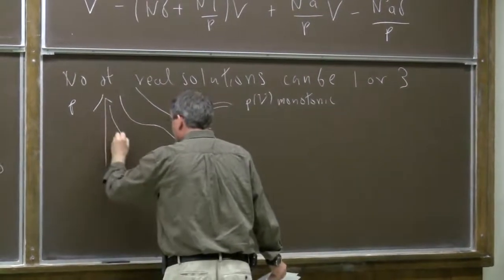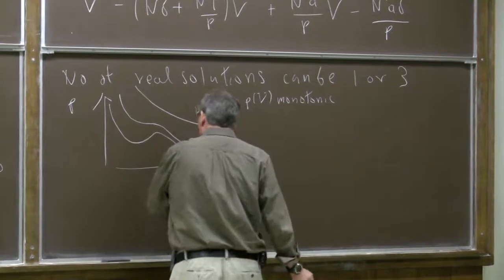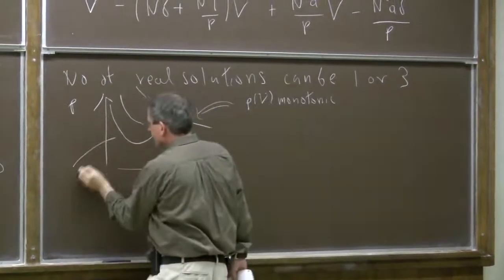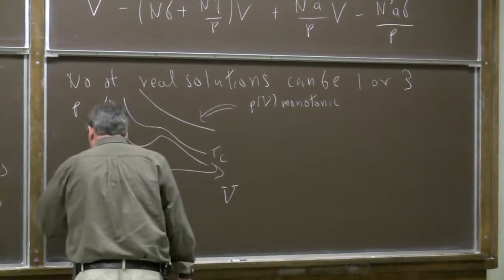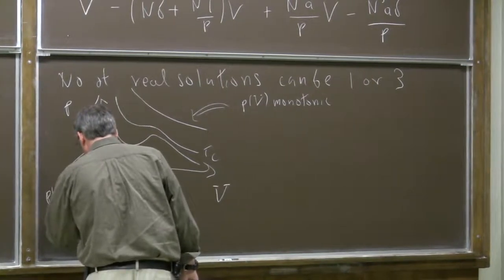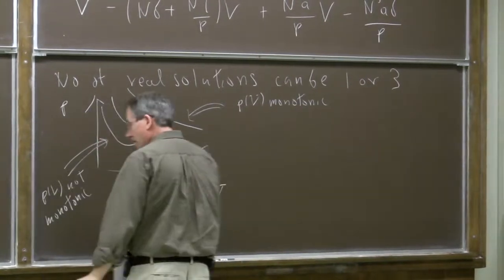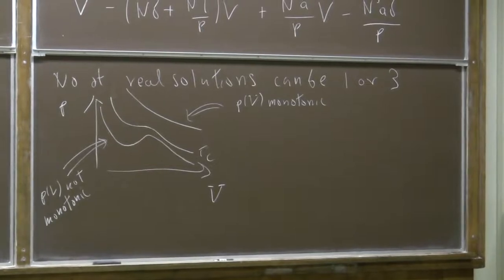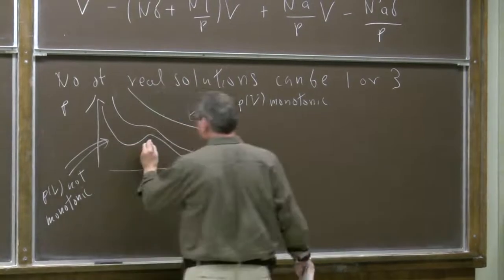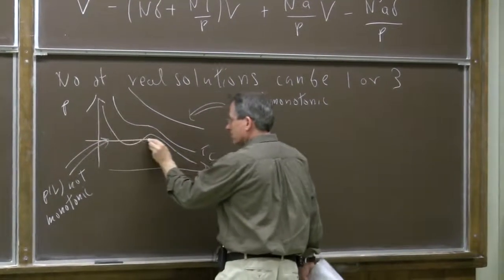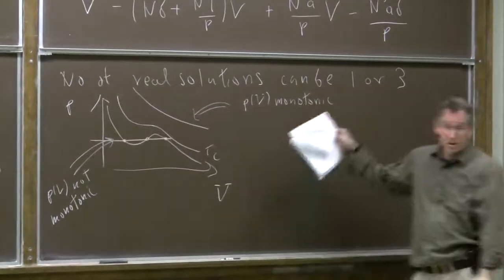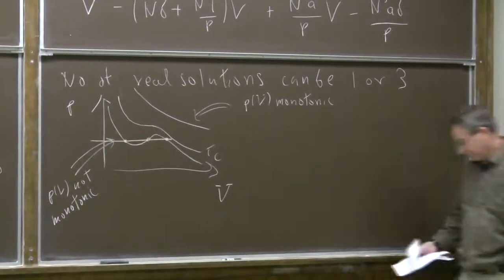At lower temperatures it's not monotonic. So for a given value of the pressure there can be 3 values of the volume that solve the equation of state.